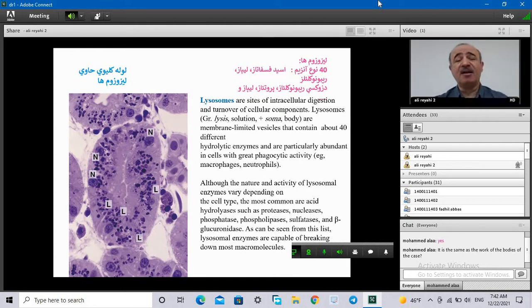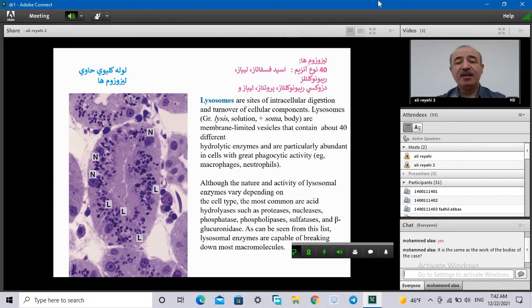Many enzymes are located within the lysosome, like lipase, protease, amylase, and others, okay? And the enzymes within the lysosome become activated in low pH.